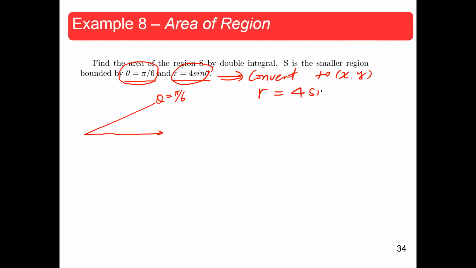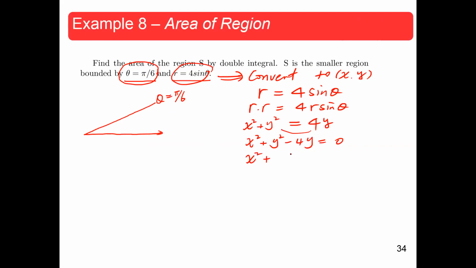Same approach. We start with r equals 4 sine theta. Let's multiply by r on both sides. This is r squared, which is the same as x squared plus y squared. r sine theta, we know that's y. Okay, move the 4y to the left. And then we're going to complete the perfect square. This time we should take half the coefficient, which is -2. Square that, that's going to be 4.